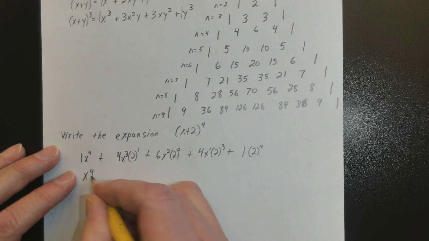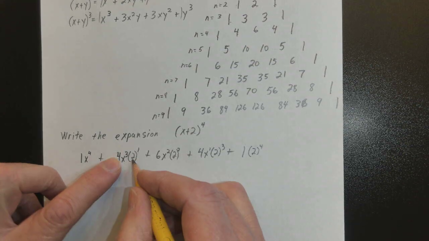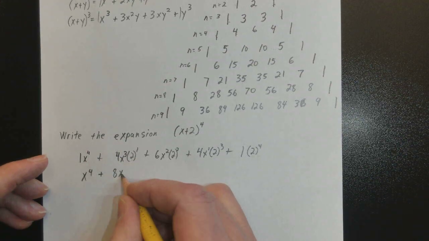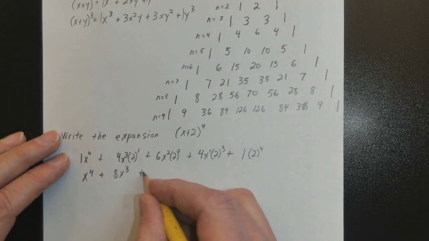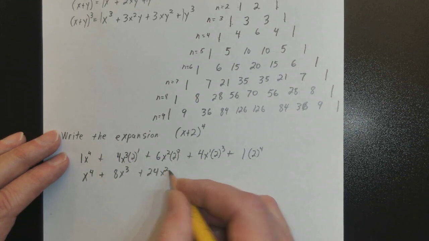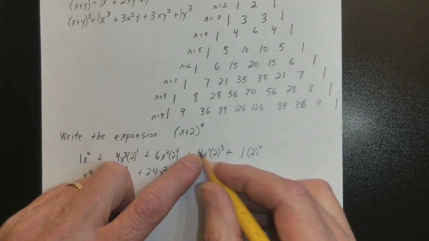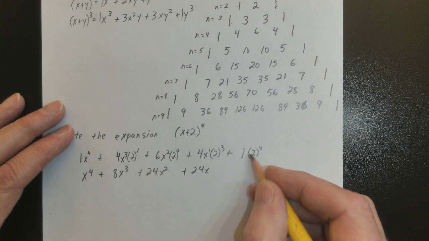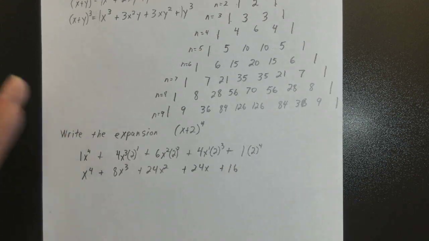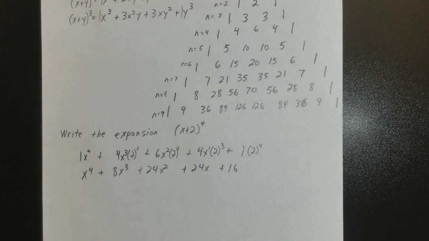This is x to the 4th plus 8x to the 3rd plus 24x squared, 6 times 4, plus 24x, and 2 to the 4th, that's 16.